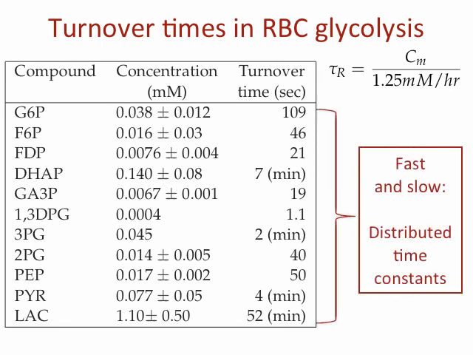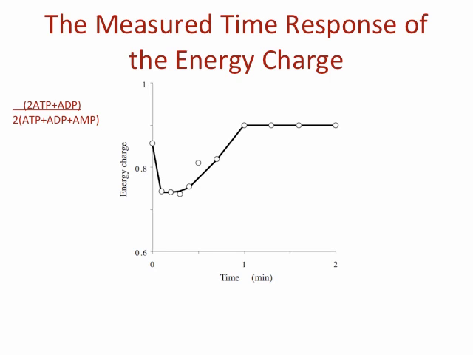And it shows that we have fast and slow turnover times that correspond to high and low concentrations in this case. So some metabolites have long half-lives, some have short half-lives, and this is the origin of timescale separation in dynamic models of metabolism.